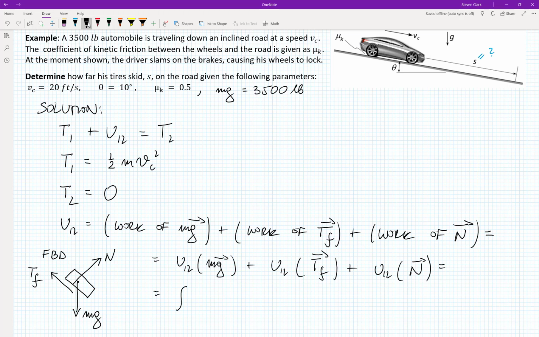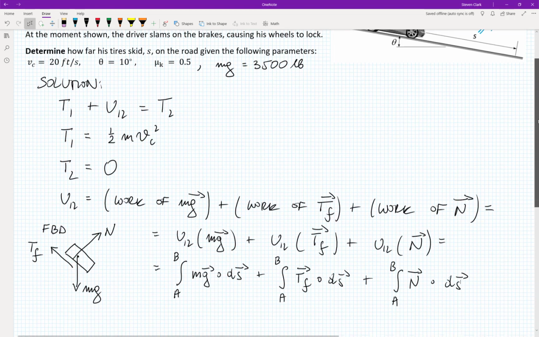So this will be integral of mg times ds. And what will be the integral bounds? Let's keep them a and b for now, okay? Later today we will just replace them with some values, okay? For now, a and b, beginning and end, plus integral from beginning to end, tf times ds, plus again integral from beginning till end, n times ds.